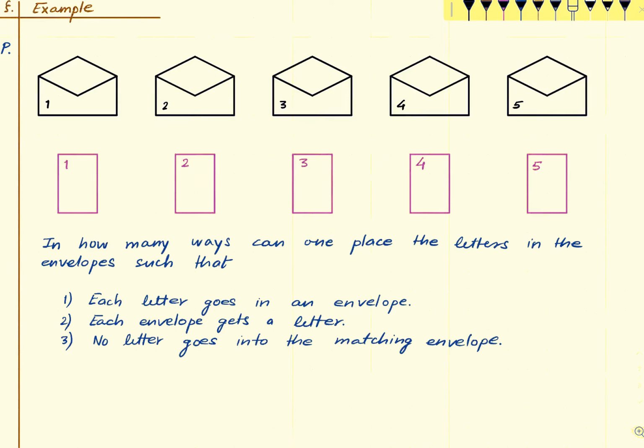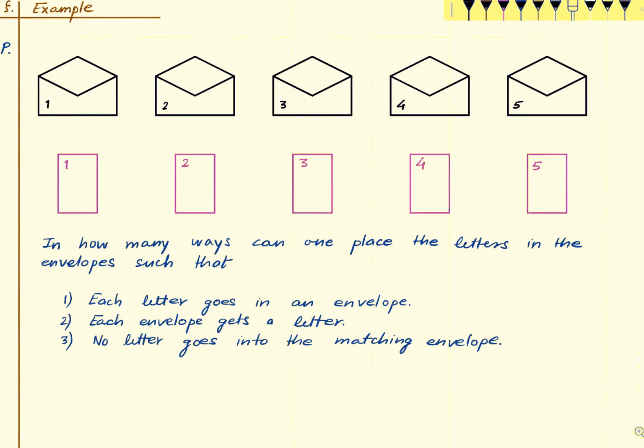And I'm sure you know that suppose we were tasked with placing these letters inside these envelopes in a manner that one letter goes only in one envelope, so no envelope contains more than one letter, and every letter reaches at least one envelope, so it's a 1-to-1 correspondence. Then how many ways are there? Disregarding the numbers, there are 5 factorial ways, because there are 5 positions that you have to deal with and 5 objects that you want to arrange in a sequence.